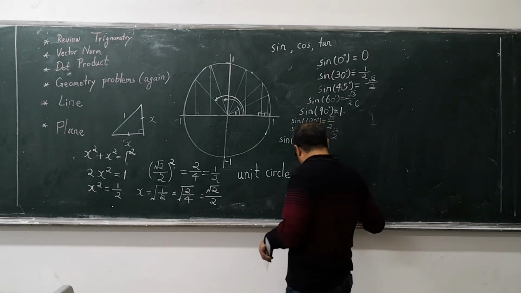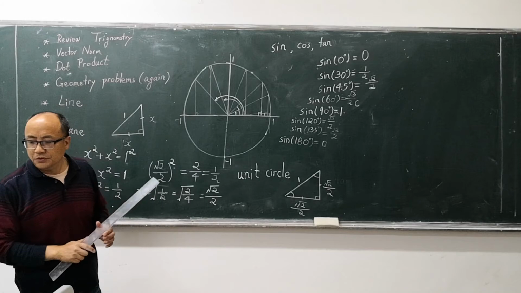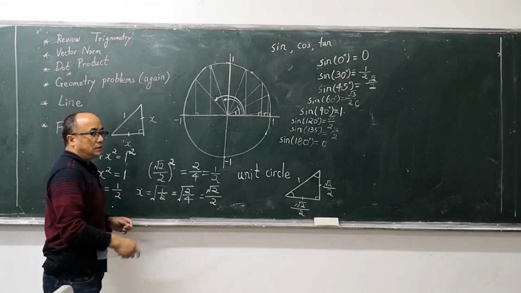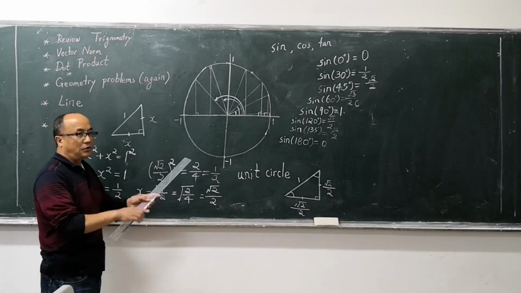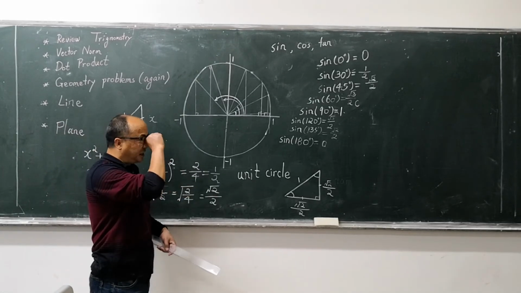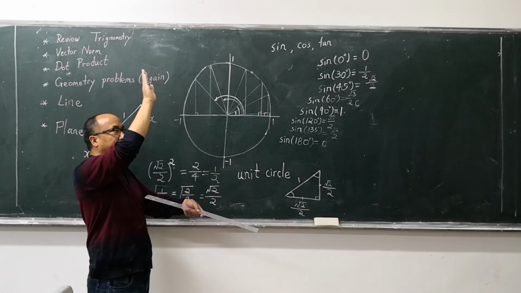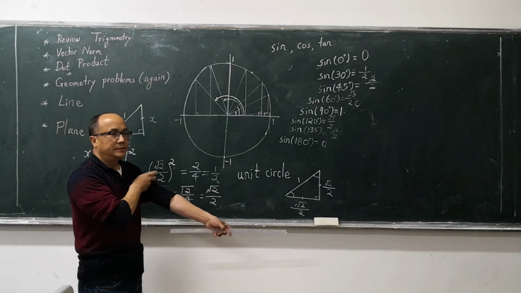Write it down, okay? The unit circle is the building that has a radius of 1. You can imagine we are inside a dome, okay? The movie screen. Yes. Okay.